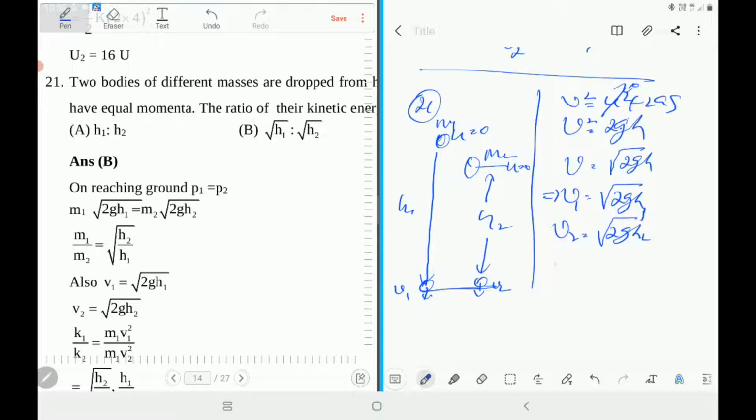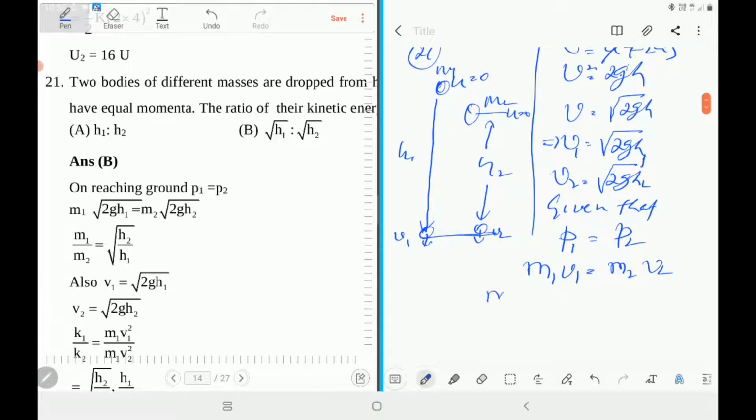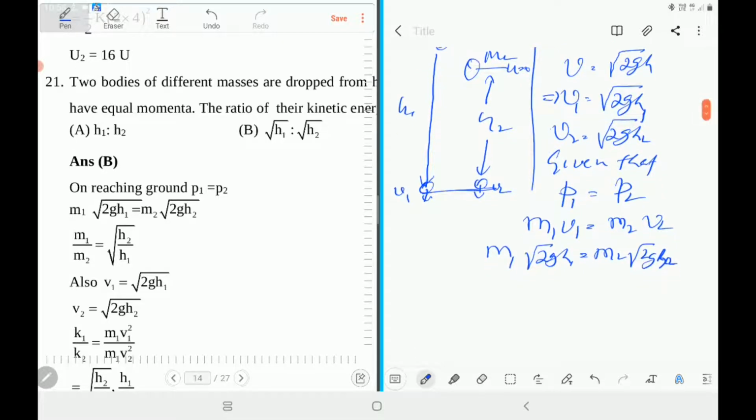It is given in the problem that momentum of the first mass is equal to momentum of the second mass. What's momentum? Mass times velocity. So m1 root 2gh1 equals m2 root 2gh2. Now 2g cancels.